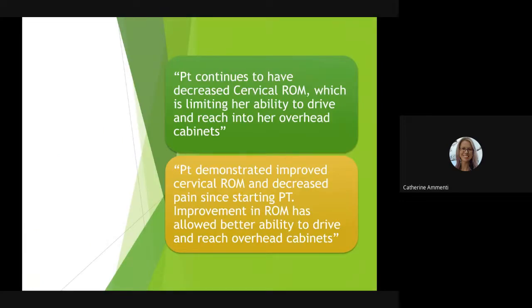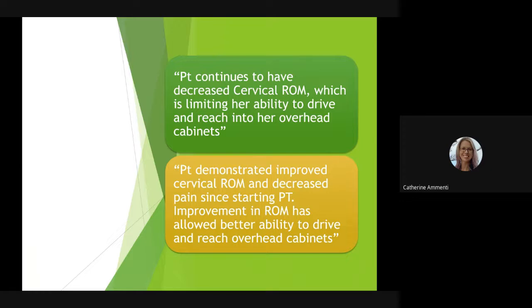So patient continues to have decreased cervical range of motion, which is limiting her ability to drive and reach into her overhead cabinets. Or patient demonstrated improved cervical range of motion and decreased pain since starting PT. Improvement in range of motion has allowed better ability to drive and reach in overhead cabinets.